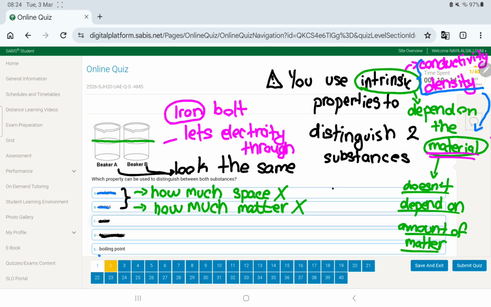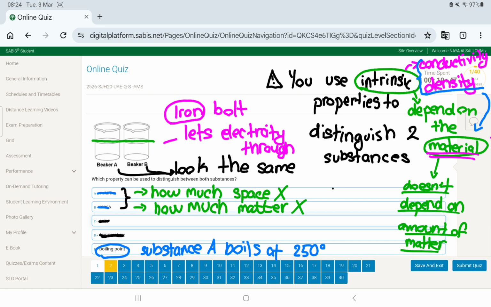So what is our best option? The boiling point. Now guys, why? Different substances have different boiling points, right? For example, let's say that this substance A boils at, let's say, 250. Will all other substances boil at 250?